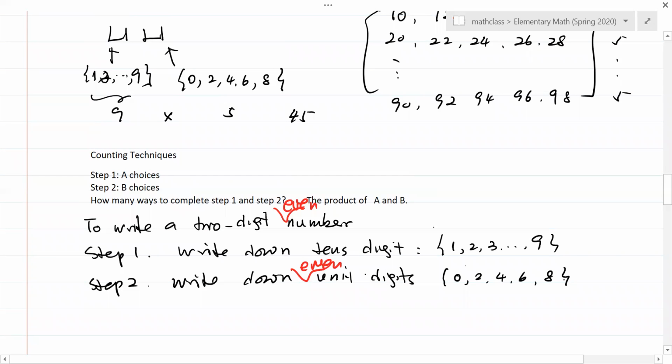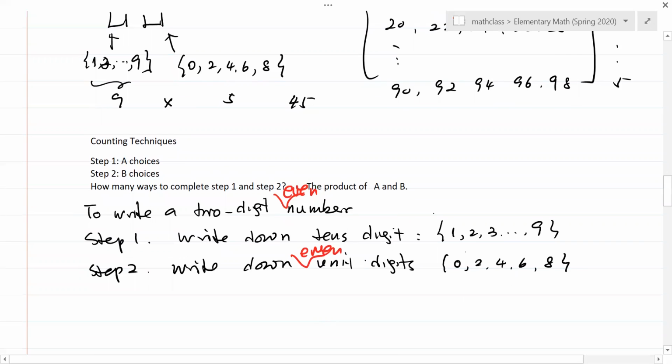So the number of ways to write down a 2-digit even number is going to be the product of the numbers from each step. I already explained to you that product.